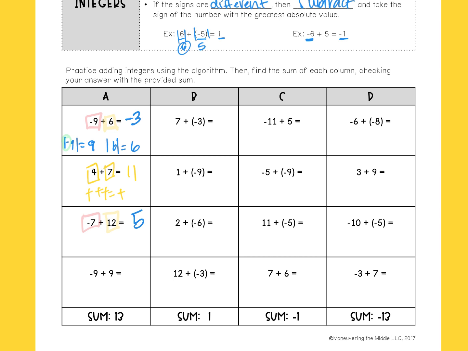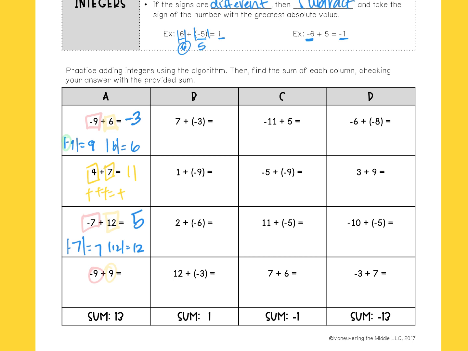So let's look at our numbers. Negative 7 has an absolute value of 7. And 12 has an absolute value of 12. So my greatest absolute value is 12, and that is a positive number, so my answer is positive 5. And now we have negative 9 plus positive 9.